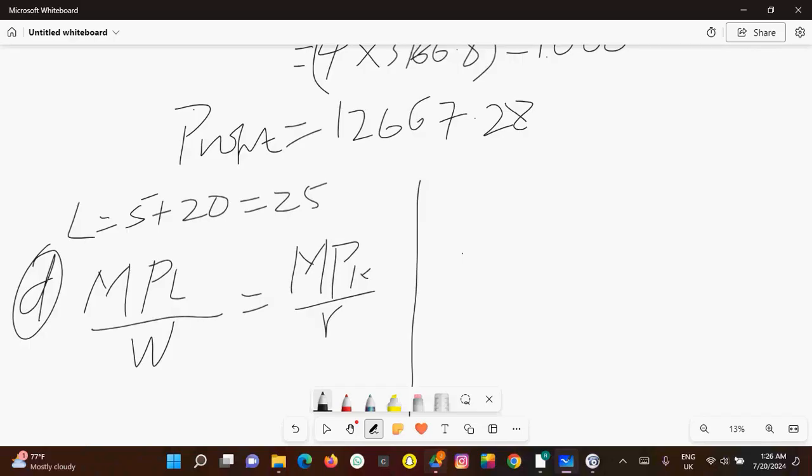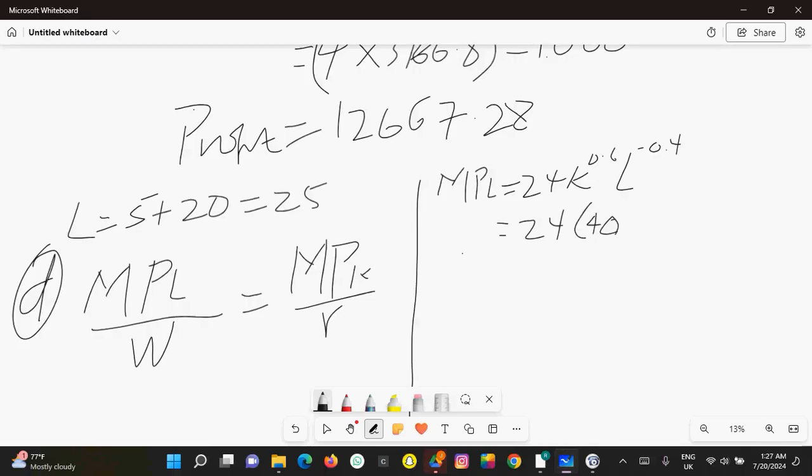So our MPL is solved at the later. In the beginning we had 24 K to the power 0.6 L to the power negative 0.4. So 24. Now let's exchange the figures that we had.